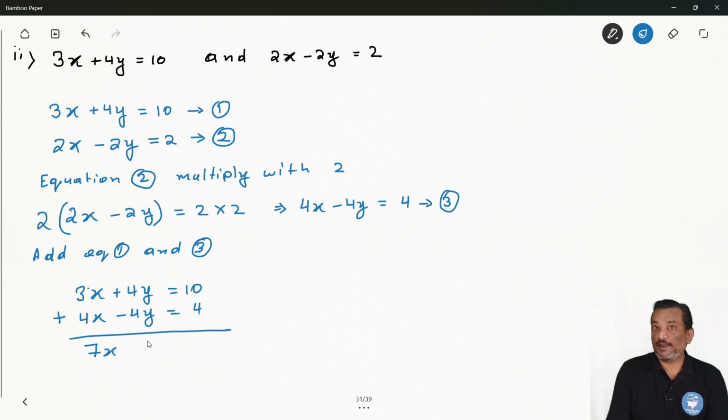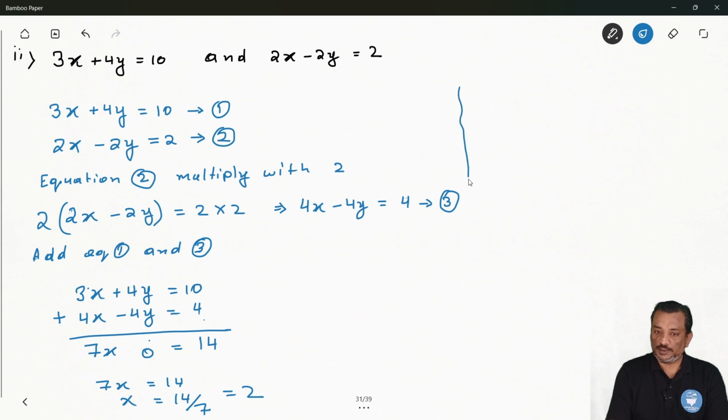And 4y minus 4y will become 0. And same with 10 plus 4, so you will get 14. So you can say here, 7x is equal to how much? 14. So for x, now 7 will transpose, so 14 over 7. So you will get 2. Okay, so x value you will get 2.